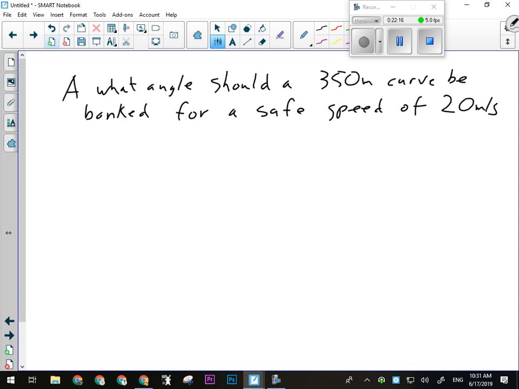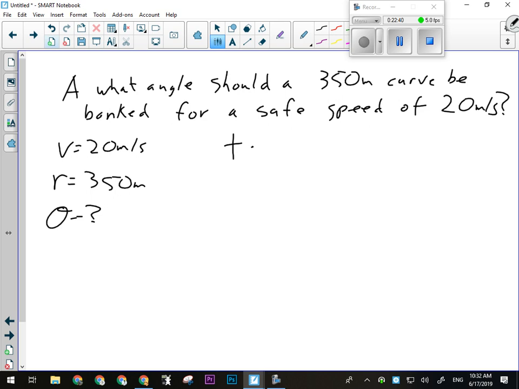And we're going to assume that this curve is frictionless. What angle should a 350 meter curve be banked for a safe speed of 20 meters per second? We're told the speed, 20 meters per second. We're told the radius of the curve, 350 meters, and we're looking for the angle of bank.